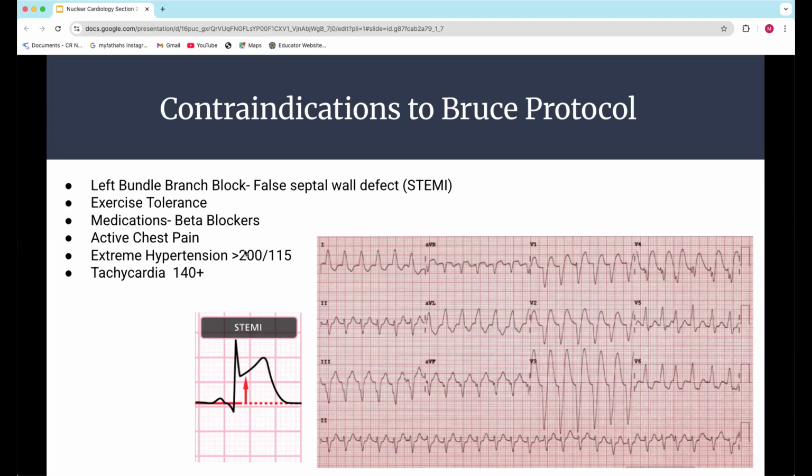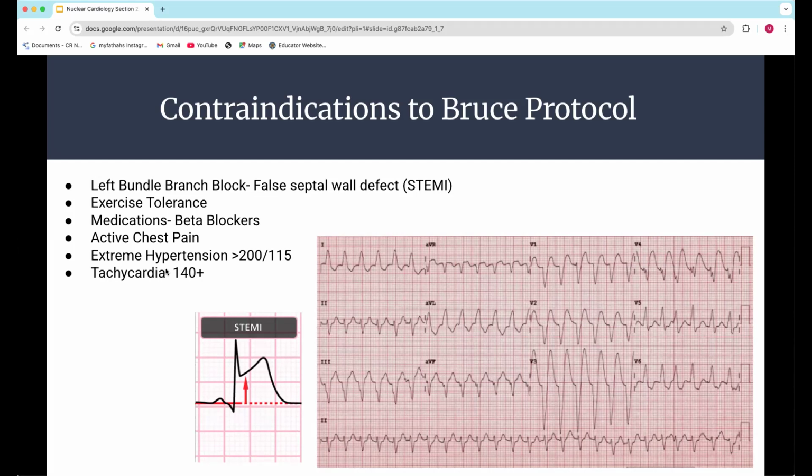Extreme hypertension. Blood pressure typically goes up with exercise. And so if they're a very, very hypertensive patient, you should not be doing a stress test if they're really high, like in the 200s. The other one is if they're tachycardic and they have a naturally very, very high heart rate, like 140 plus, the likelihood is that your coronary arteries are already vasodilated because your heart is already having to work really hard.